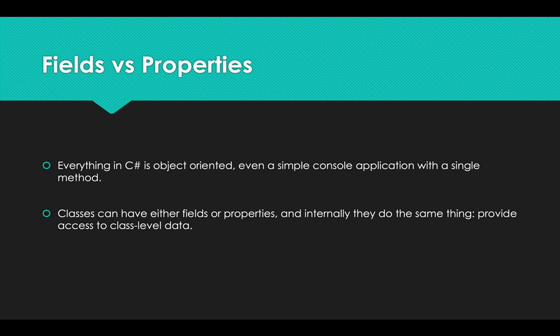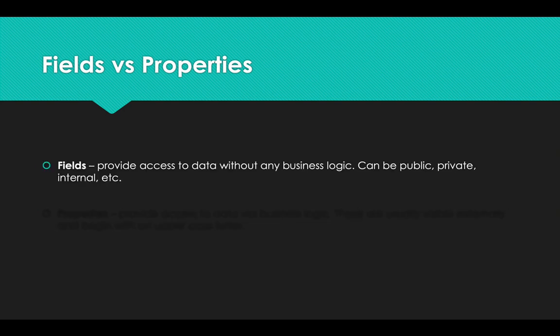Fields are effectively just variables, variable members of a class, while properties allow you to specify getter and setter business logic that run before either you receive or you set the value of the backing field. So fields provide just raw data access without business logic.